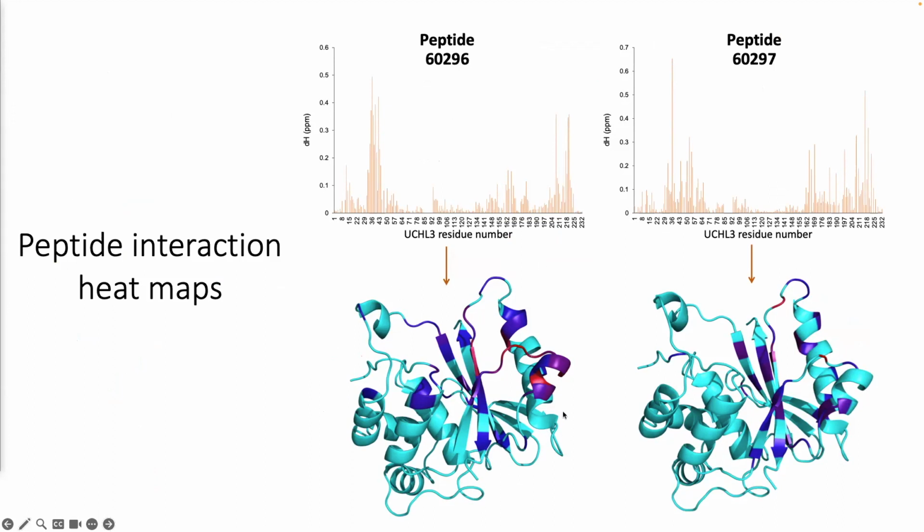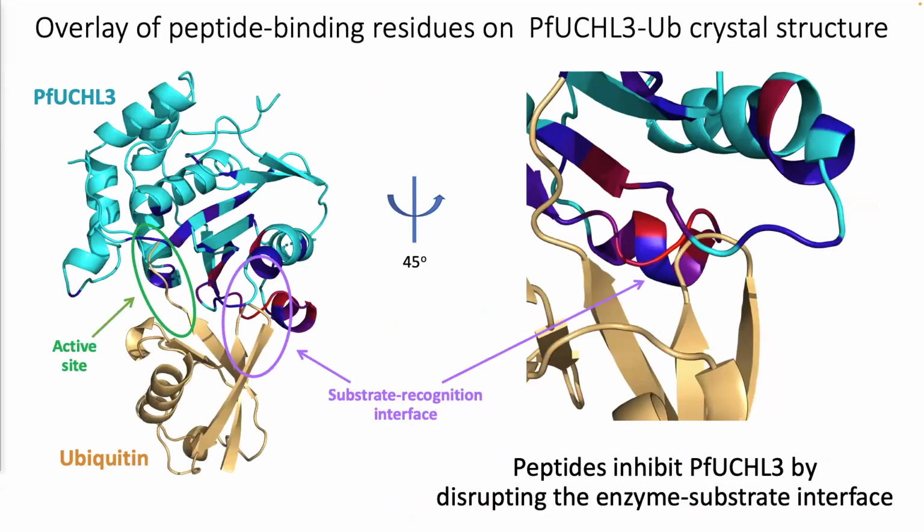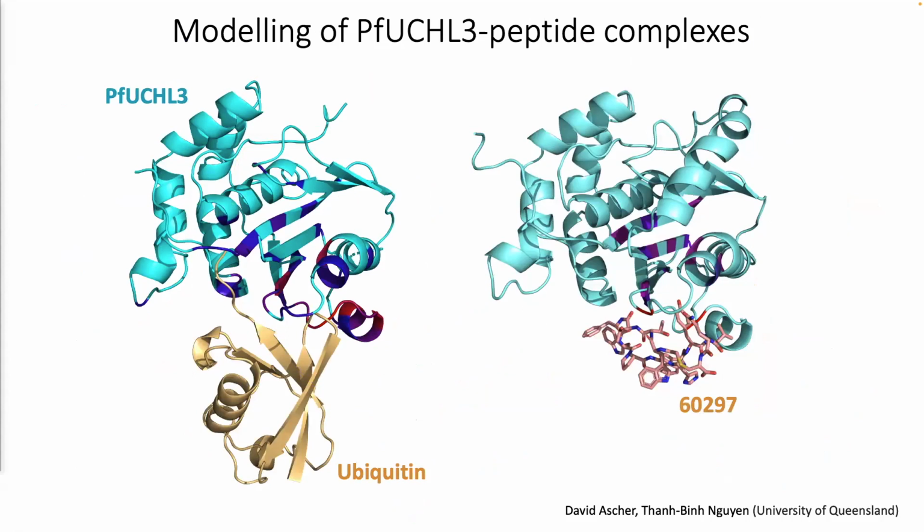And this peptide in particular seems to cause quite extensive remodeling of the whole of the beta sheet, which is adjacent to the binding site, and appears to expand the binding interface relative to that of ubiquitin. As I said, the biggest change is mapped to the ubiquitin binding site. You can see from the structure here that there's very close overlap.